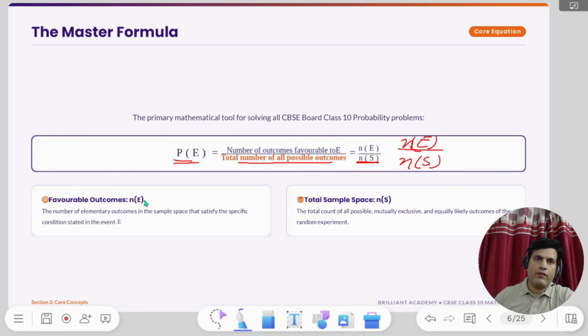Okay, so favorable outcomes are the number of elementary outcomes in the sample space that satisfy the specific condition stated in the event E. And total sample space is the total possible outcomes, the total count of all the possibilities, like mutually exclusive, equally likely outcomes of the random experiment. So this is called the total sample space.